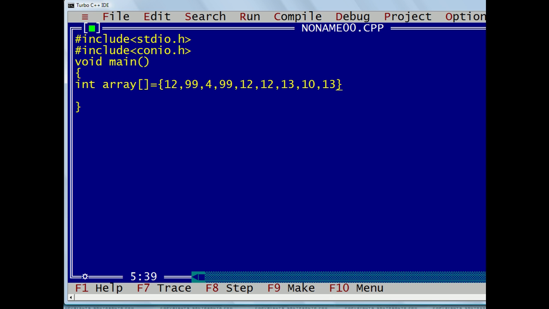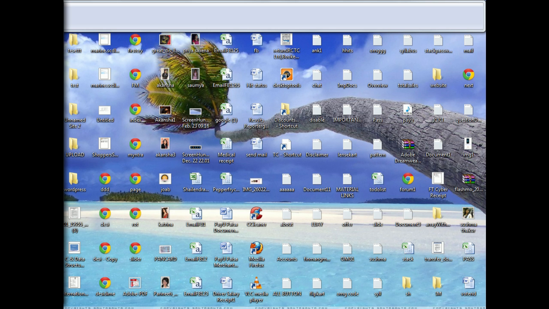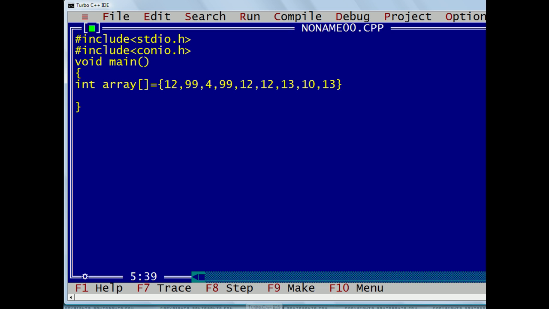Okay, so this is the same array: 12, 99, 4, 99, 12, 12, 13, 10, 13.